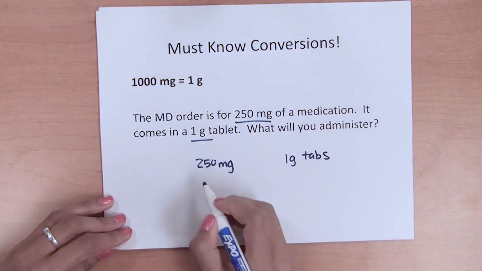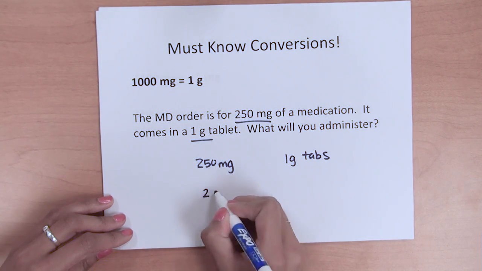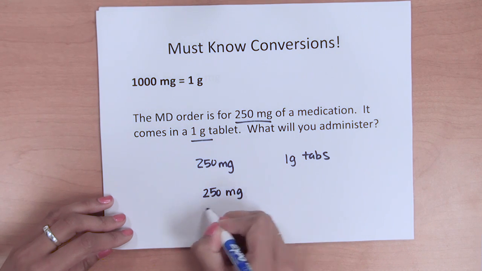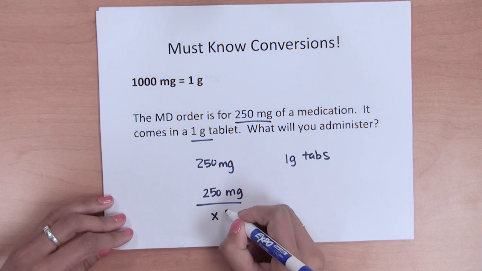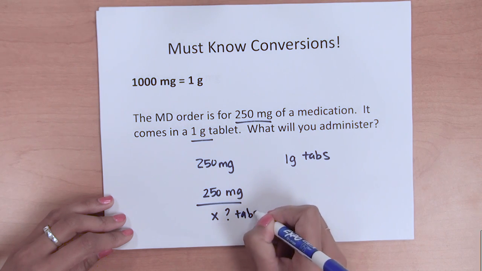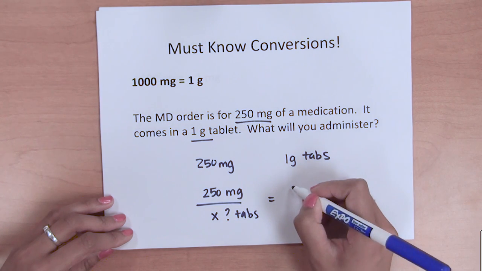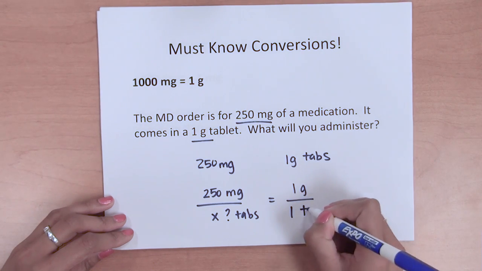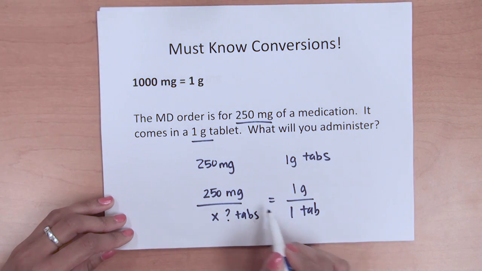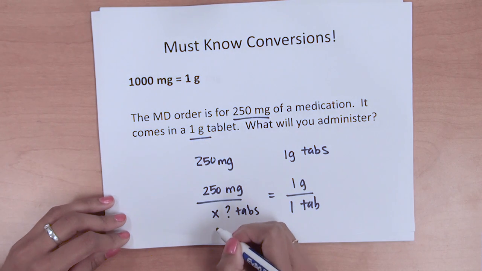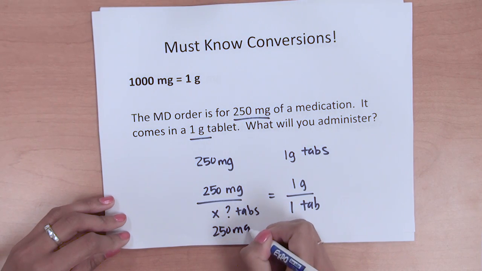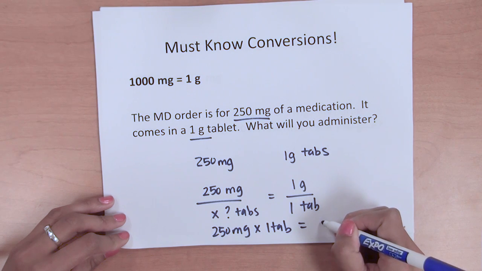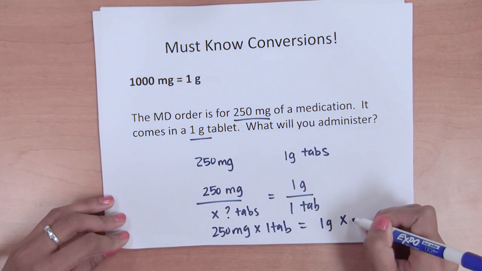So you can do the ratio formula. We have here 250 milligrams. How many tabs is that? And then we have 1 gram per 1 tab. So here you can cross multiply and divide. 250 milligrams times 1 tab equals 1 gram times X tabs.